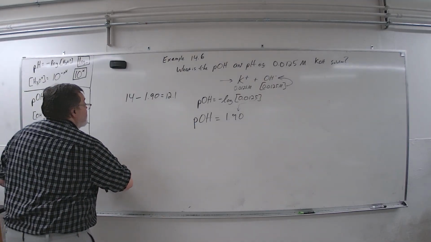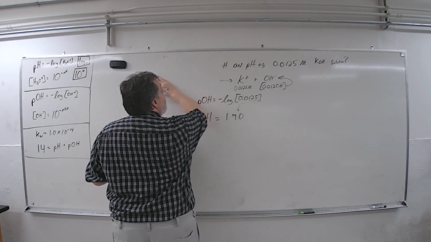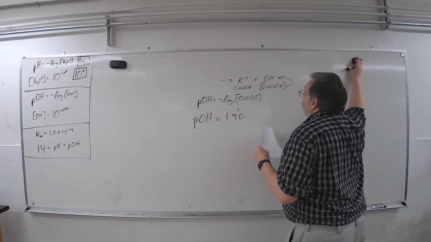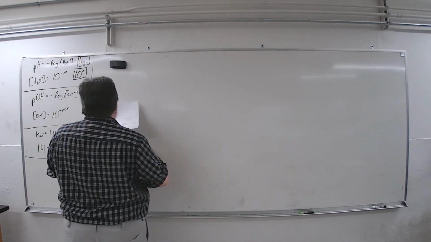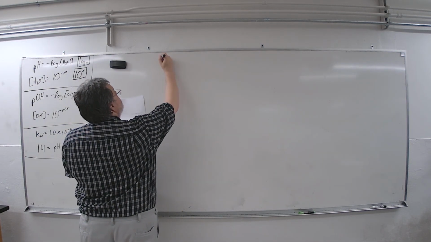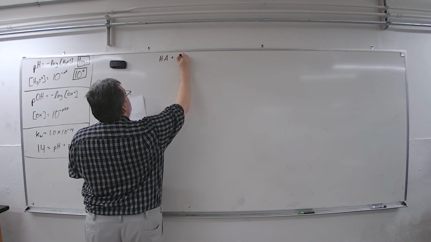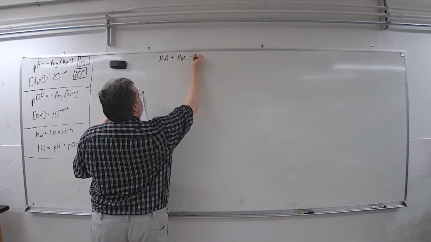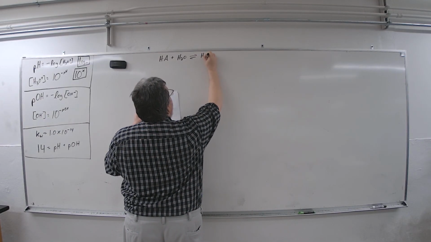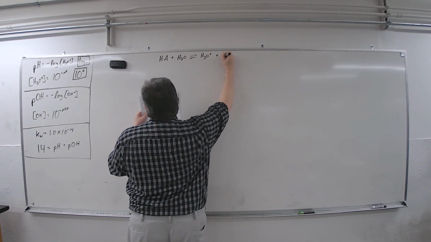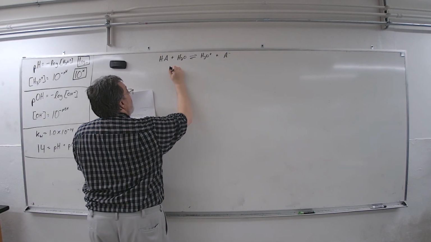I guess I'll do it. A little more derivation in theory. Weak acid goes with Ka.